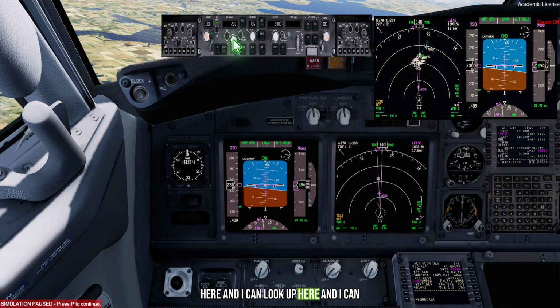And I can look up here and I can see that's what we're operating in. Also, I do not have VNAV ALT or any kind of VNAV mode here, and I can see that I don't have that engaged as well. Because remember, we're talking about altitudes and speeds that are associated with the VNAV portion.